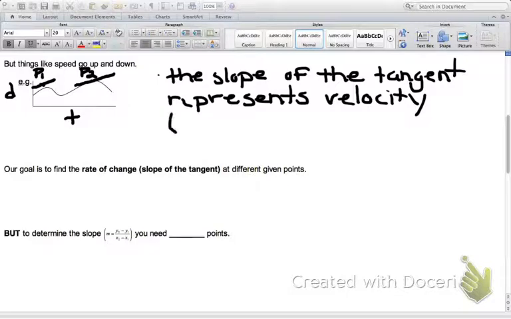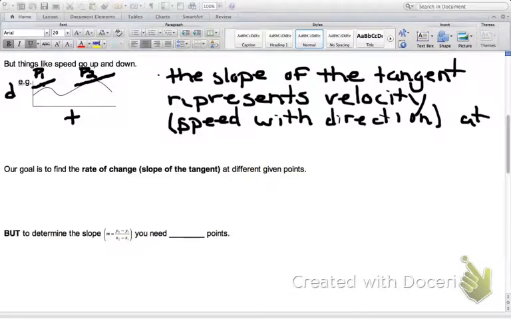Where velocity, just as review here for some that may not know, is the speed with direction at a given point P. So when we're looking at one point on our graph, we're going to use the slope of that tangent, and we're going to look at values that are very, very close to our point.